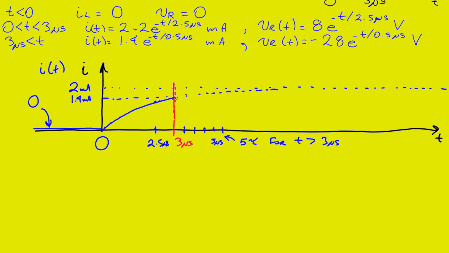And in this case, my curve is going to be very steep and come down just about something like this, and then stay at 0 for the rest of the time. You can see that the current rises slowly, and then it drops off very quickly once the switch changes. Let's take a look now at our voltage, VR, as a function of time.